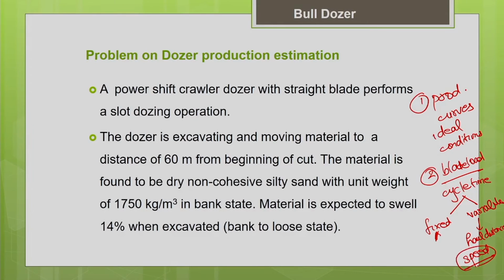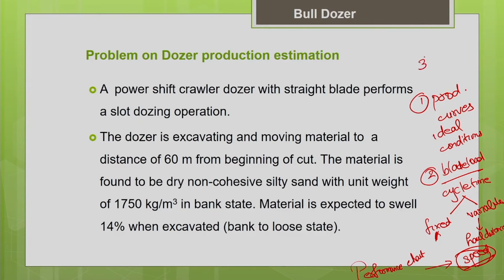To know the speed of the machine, you can take the help of the performance chart. You already know how to use the performance chart. For example, if you know the actual project conditions, like the rolling resistance and the grade resistance, then using the performance chart you can find the corresponding speed, corresponding to the total resistance. From that you can find the speed, so that will help you to find the cycle time. So this is one approach.